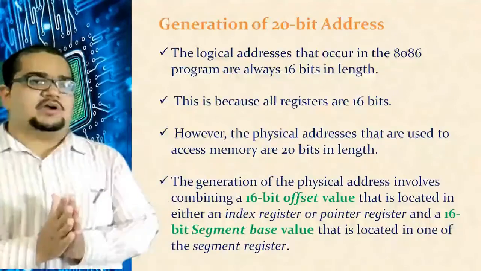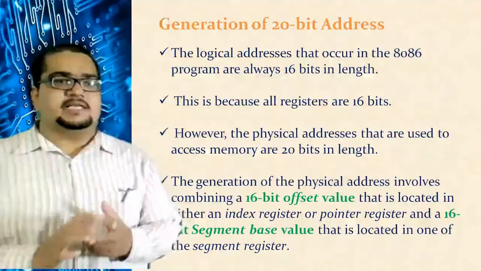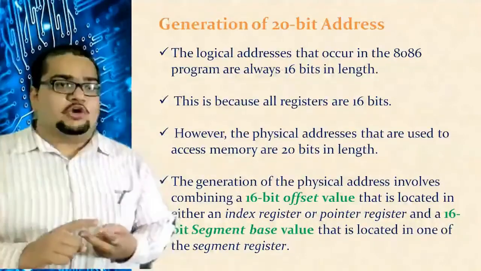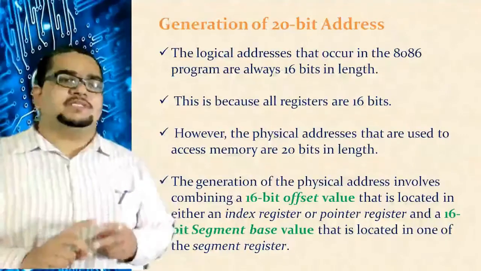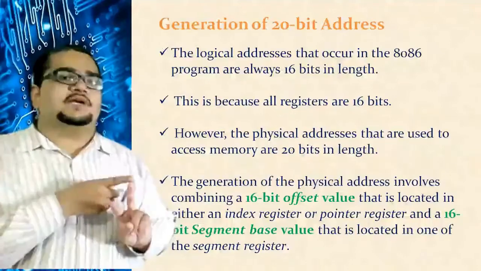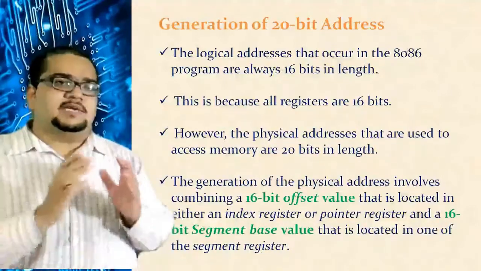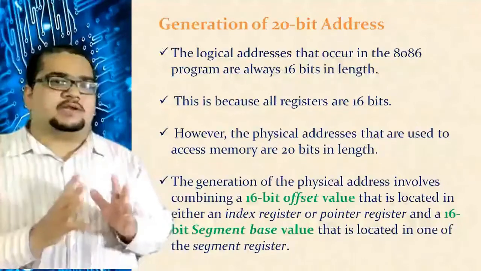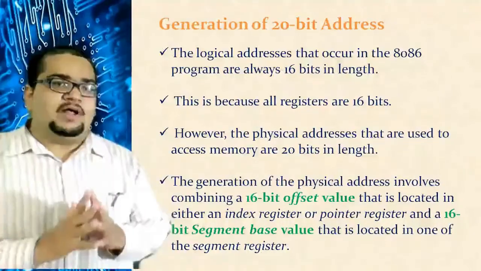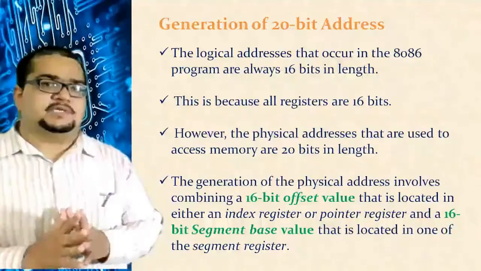As 8086 does not have a 20-bit register inside it, the address is arranged in the form of a logical address. A logical address has a 16-bit segment address and a 16-bit offset address, and you use the formula segment address multiplied by 10h plus offset address to calculate the 20-bit address location of your data or program instructions.